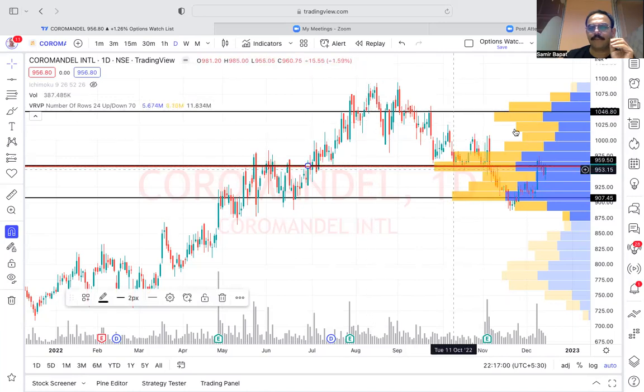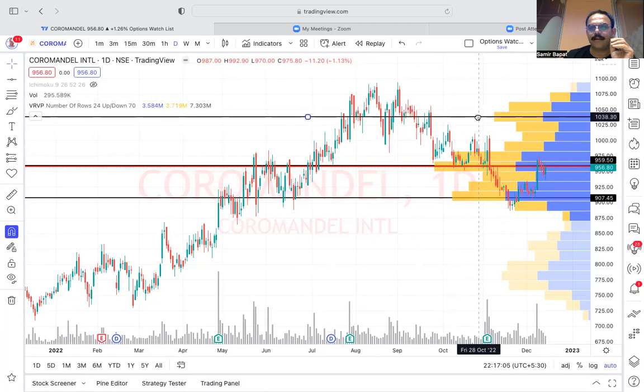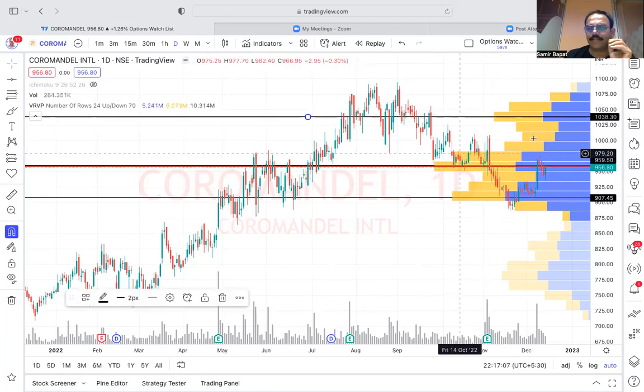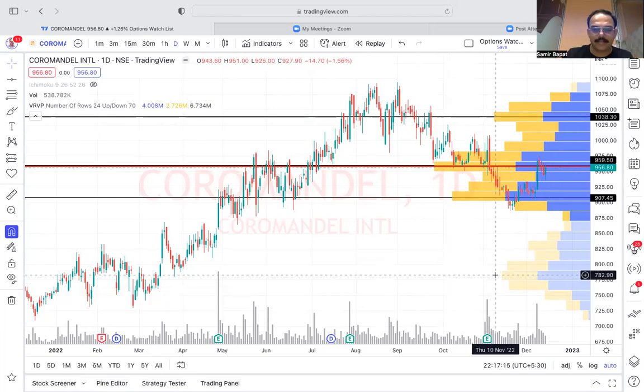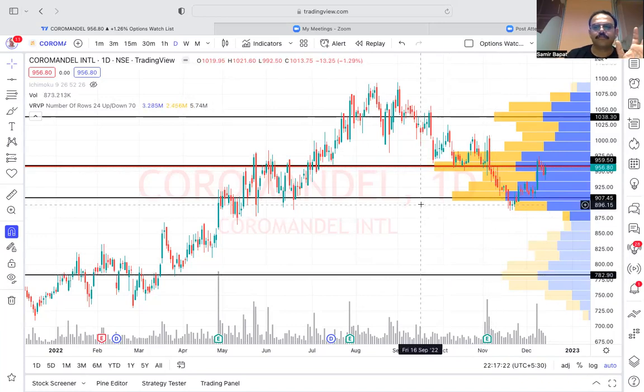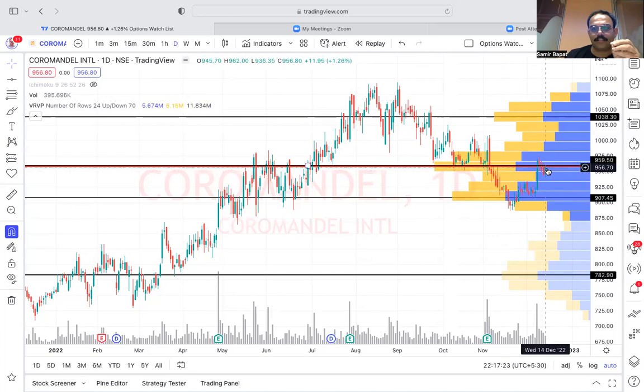And then if I see here, this is my third profile. Why I'm taking this profile is because it went down and then came back up. Same here, it went down and came up, then again went down and came up here. So suppose something like Corona happened and it falls again, where should I pick it up? If it goes, I should pick it up here. So these are the levels. So right now it is below this line.